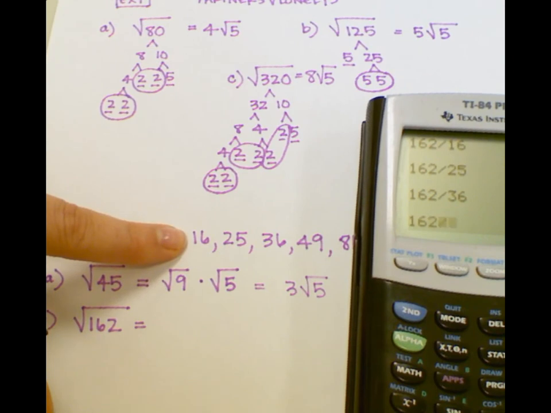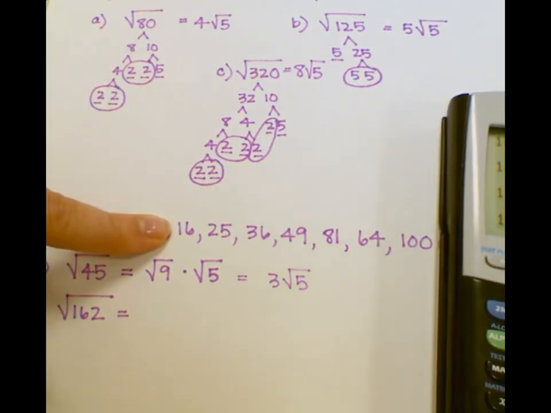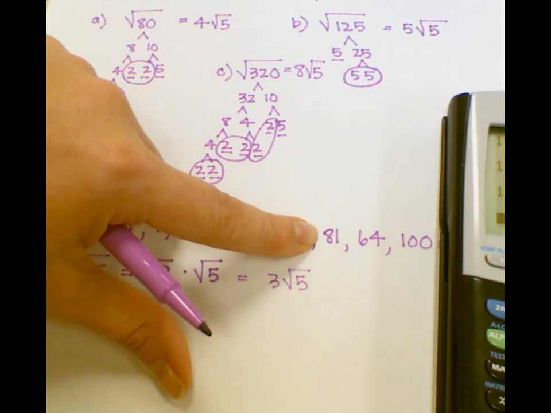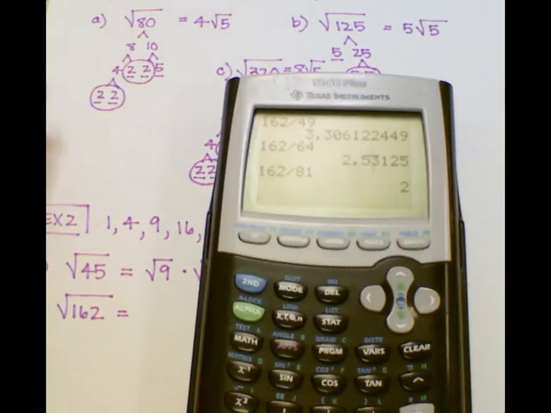Nope. Let's try the 49. And what's 64? Okay, so it might be, but it's not. Let's keep going. 81. There it is. See? I thought it was the 9 at first, but it actually is the 81.